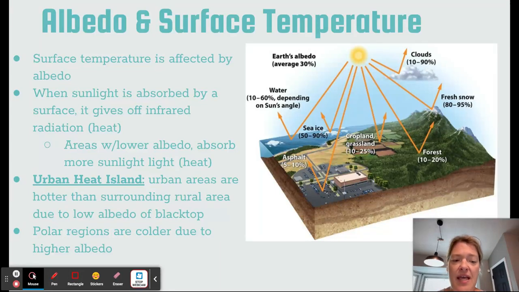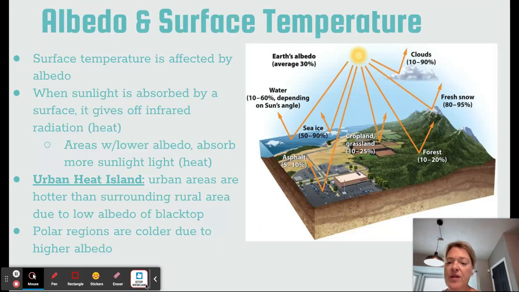And so they heat up a lot more, which causes something called the urban heat island effect, where cities that have a lot of low albedo surfaces absorb a lot of that heat, and it causes the temperature within the cities to be much warmer than surrounding areas, so much warmer than suburbs or rural areas.